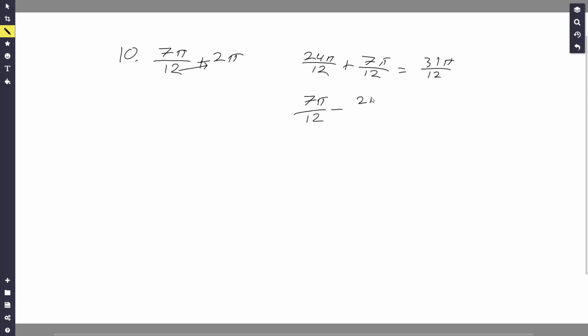Subtracting 24 pi over 12, and that is going to give you negative 17 pi over 12, I believe. But that's really it for 10. Same thing with 11, except you're just subtracting 360.